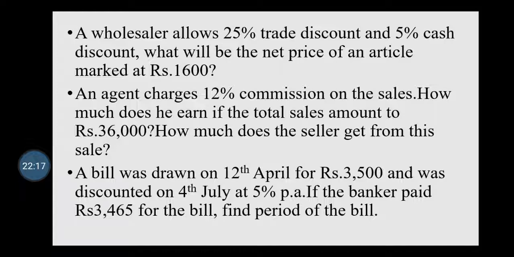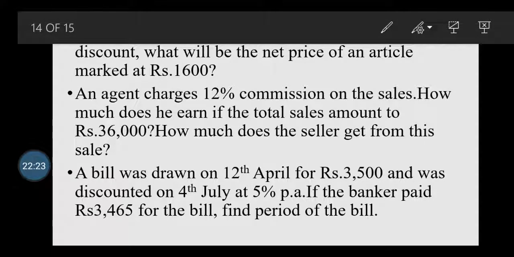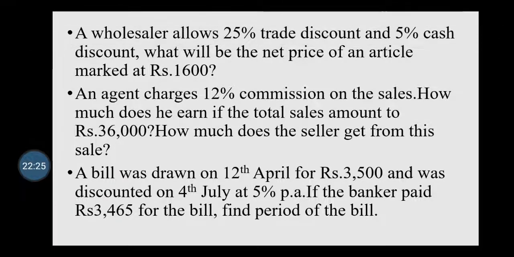The next, a bill was drawn on 12th April for rupees 3,500 and was discounted on 4th July at 5% per annum. If the banker paid rupees 3,465 for the bill, find the period of the bill.